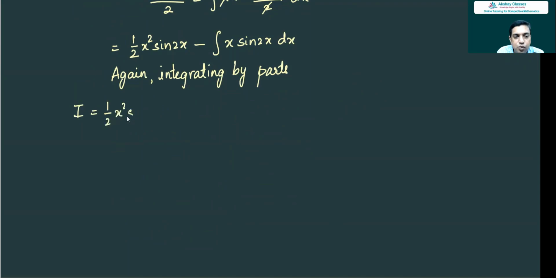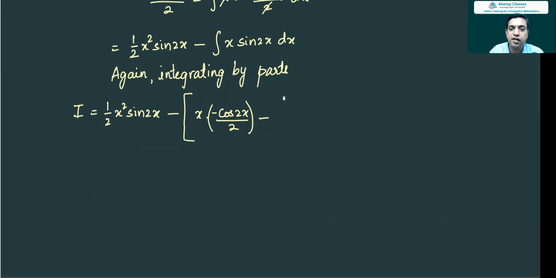Half x square sine 2x minus full brackets, a big bracket, first function into integral of the second. Integral of sine 2x is minus cos 2x upon 2. Okay, this is the integral of the second function minus integral of derivative of the first function.